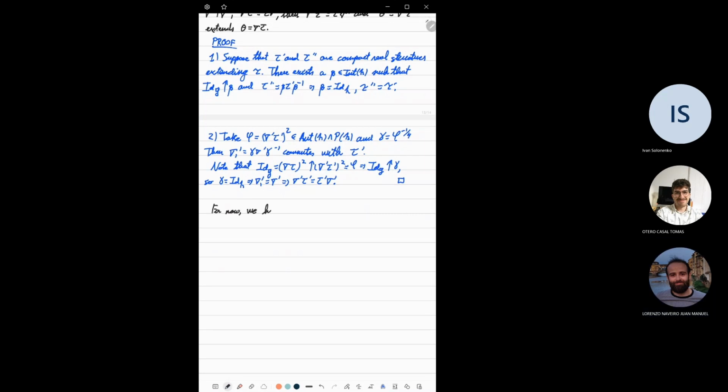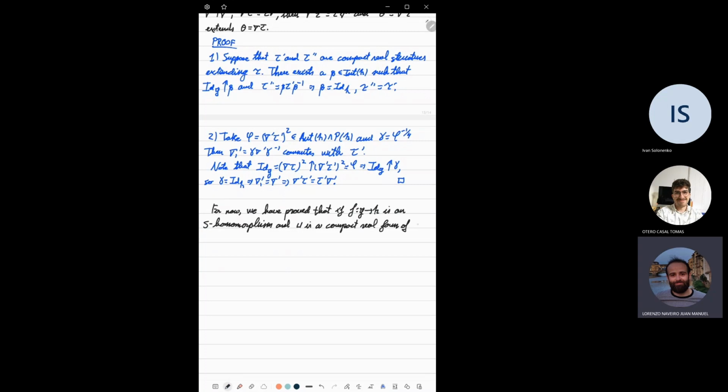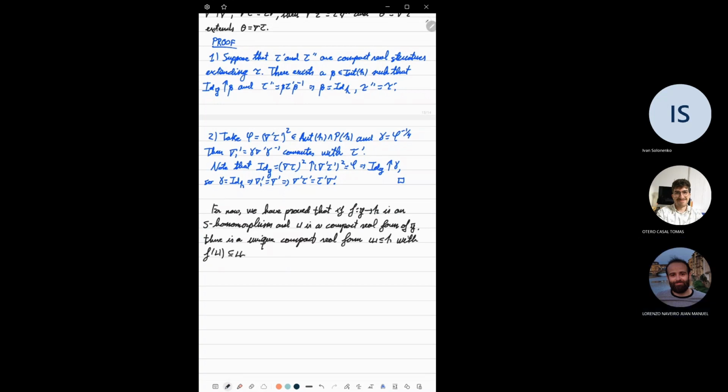So for now, we have proved that if F is an S-homomorphism, and U is a compact real form of G, then there exists a unique compact real form of H extending G. There is a unique compact real form, say W of H, with f of U contained in W. Okay. So what about the rest?